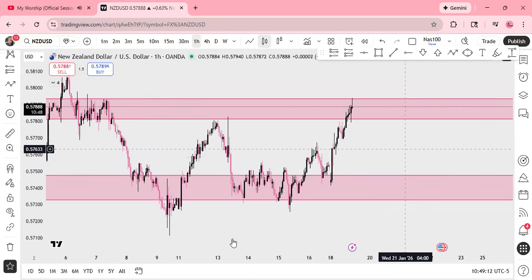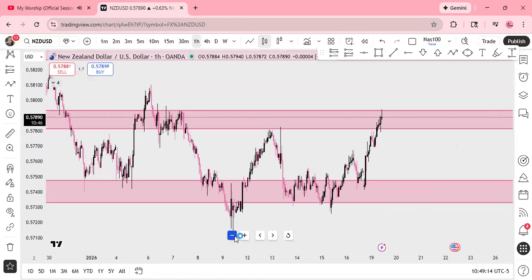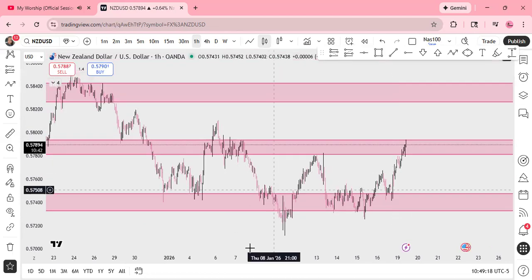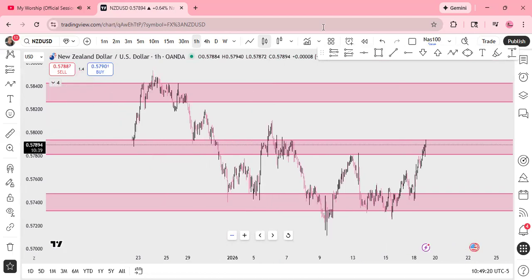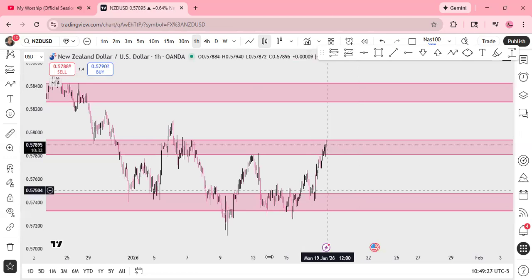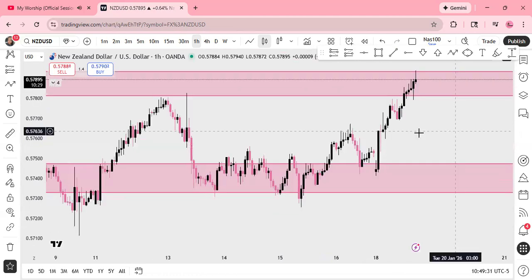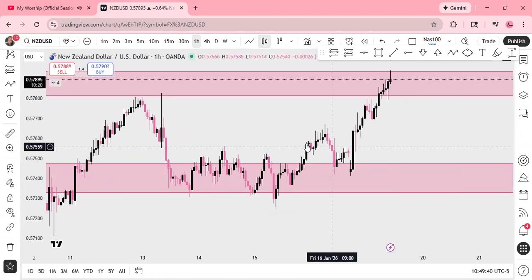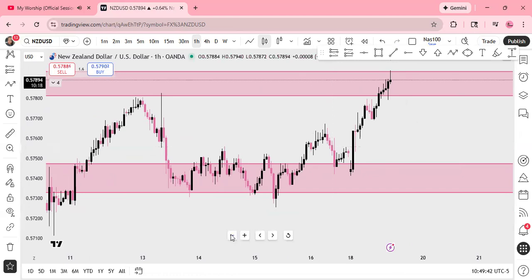It's just a matter of seeing what takes place here, because right now this candle looks like it tried to push up, but it's pushing down a bit. So we will see what happens on this pair.